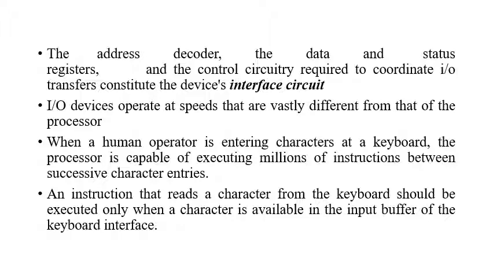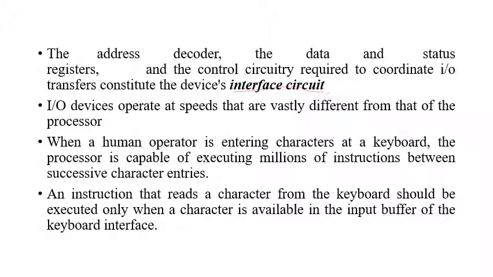So all these devices, the address decoder, the data bus, address and data registers, status registers, and control circuits, have to coordinate together so that efficient transfer of data takes place. And this constitutes a device interface circuit. The entire set of these blocks is considered the interface circuit.